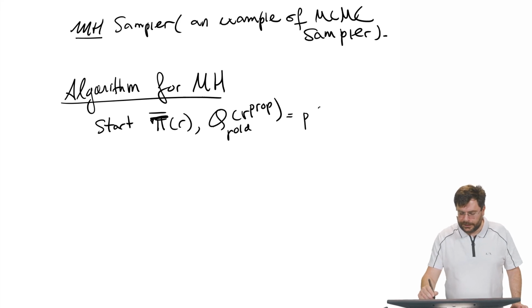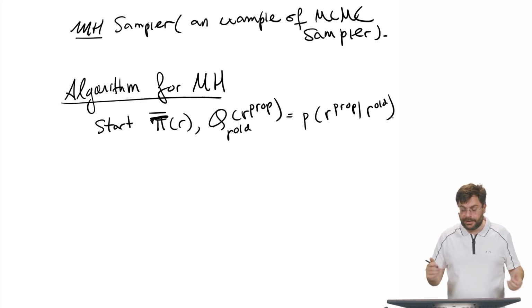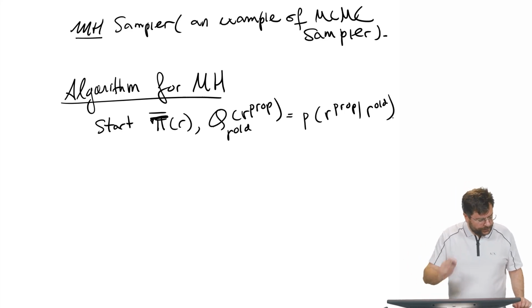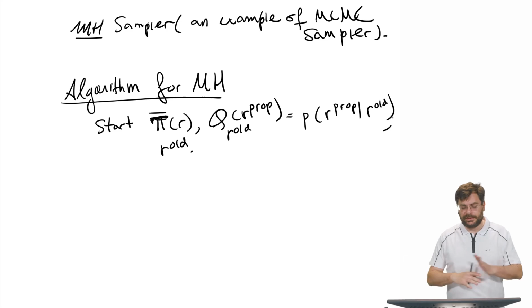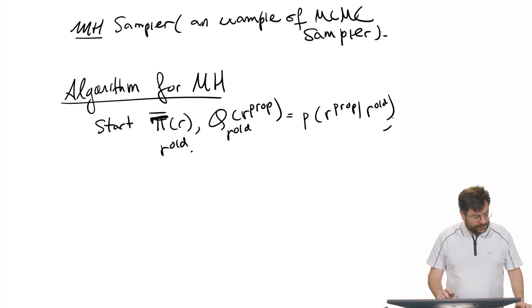So you can think of this as a distribution of r proposed given some r old. So r old here is given as a parameter of this distribution. R proposed is its variable. So for example, a Gaussian centered at r old, just like the example we had looked at previously. And the third thing you need is the r old, right? You need to know where you want to start. And again, determining where you want to start can be a bit of a big deal.